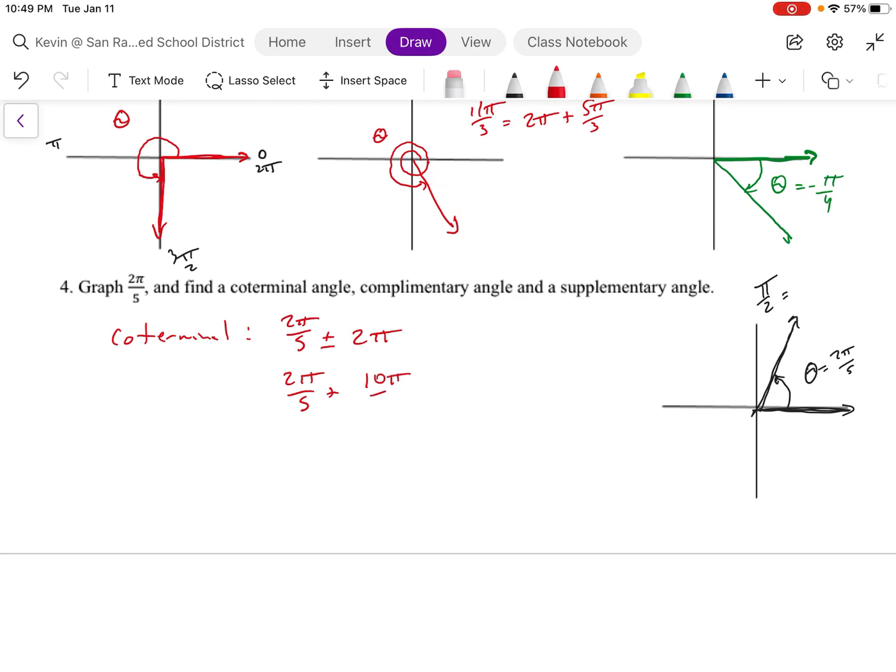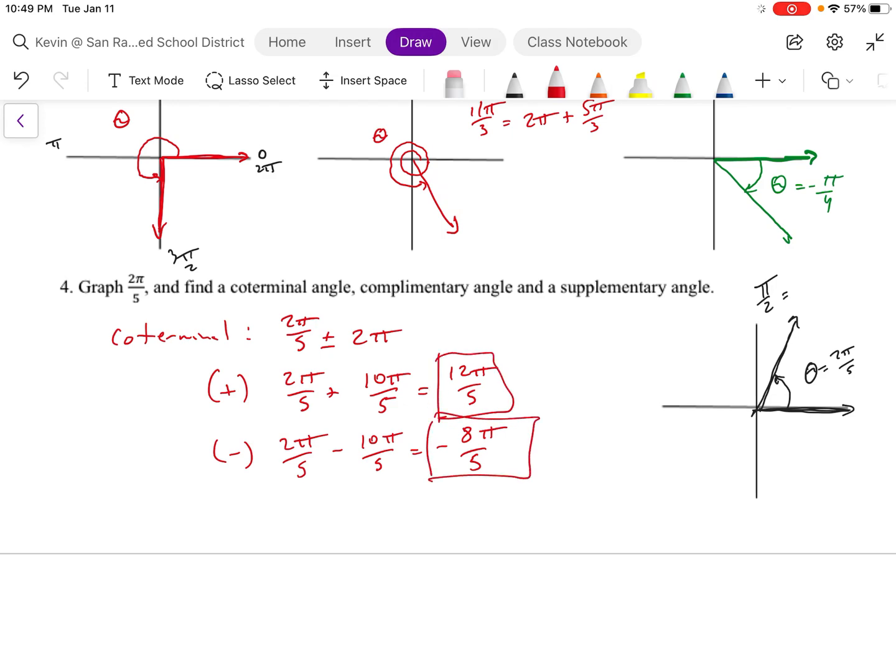That would be 10 pi over 5. 10 pi over 5 equals 2 pi. So if I add those together, I get 12 pi over 5. I could also take 2 pi over 5 and get a negative coterminal angle. So this is positive. Negative would be to subtract 10 pi over 5. That would give me negative 8 pi over 5. So those are two coterminal angles, a positive one and a negative one.